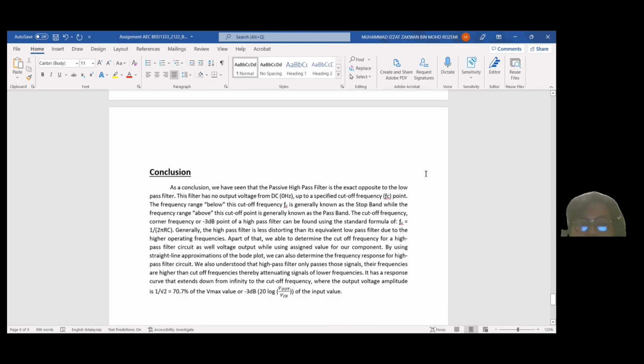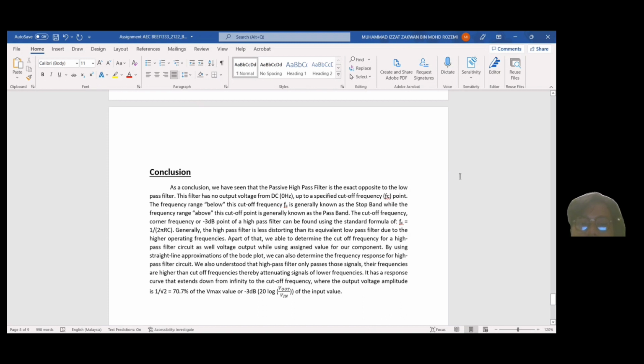Okay, for the conclusion, we have seen that the passive high pass filter is the exact opposite of the low pass filter. This filter has no output voltage from DC 0 Hz up to a specific cut-off frequency point.